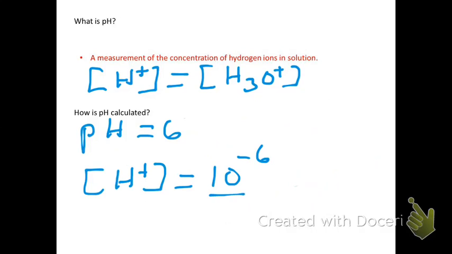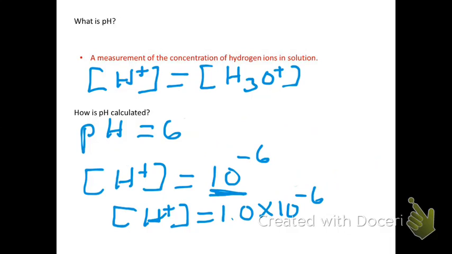So make sure that you use the inverse of log base 10 on your calculator. That usually is on the same button as your actual log base 10 button. Okay, plug that in, and you should get an H plus concentration of 1.0 times 10 to the minus 6 moles per liter. Alright, so make sure you can get that worked out.